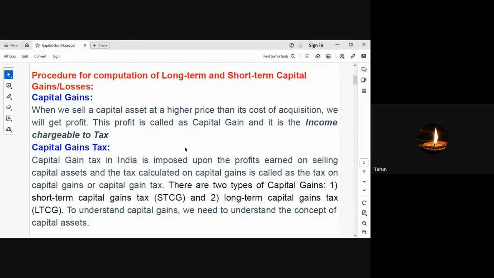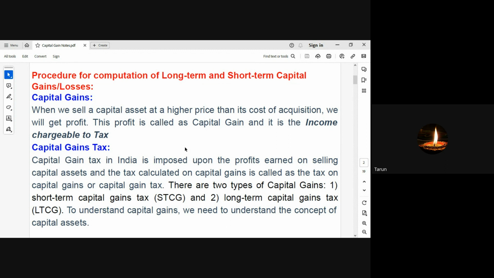Right, now we come to what is capital gain tax. The tax imposed by the municipal or income tax authorities on the profits that you earn on selling a capital asset, that is land, property, house properties, and the tax calculated on capital gains is called the tax on capital gain or capital gain tax.